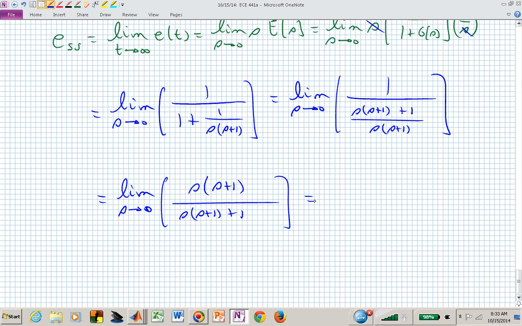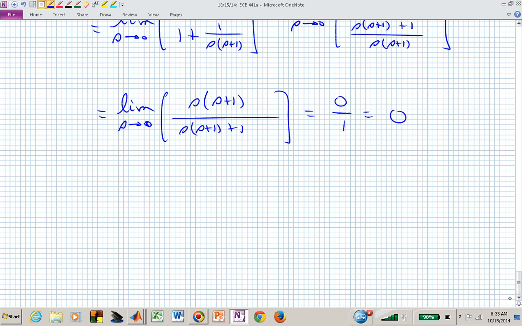As we let s go to 0, the denominator's well behaved, isn't it? It goes to 1. But what happens in the numerator? It's 0, isn't it? So our steady state error for this system is 0 for this type 1 system.